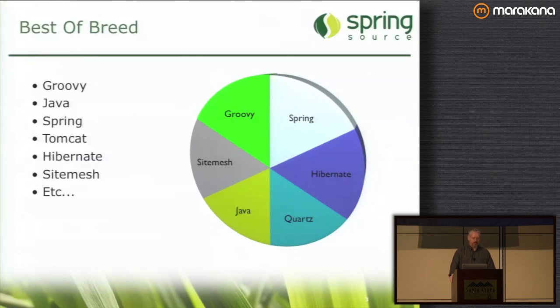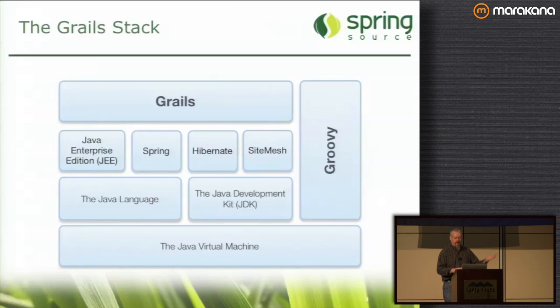SiteMesh is another piece of technology here. We use SiteMesh for page layout and page decoration. The idea is that Grails is this full stack framework, and it leverages a whole bunch of other technologies to address these common problems that show up in lots and lots of web applications. This is a visual representation of how all of this is laid out.